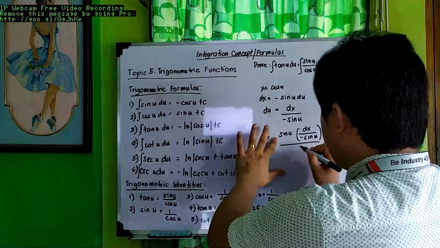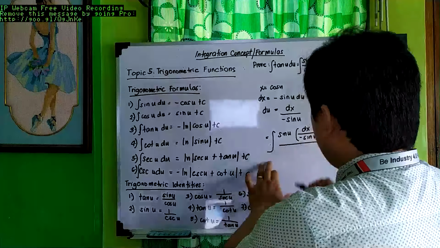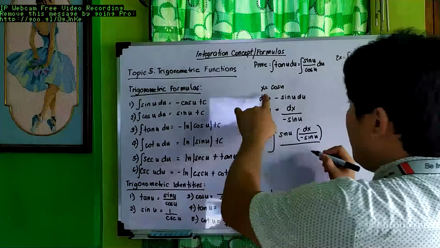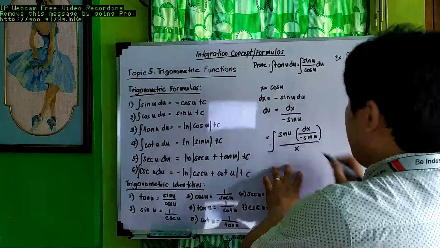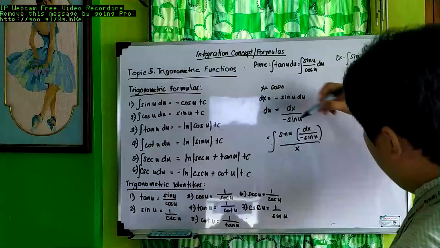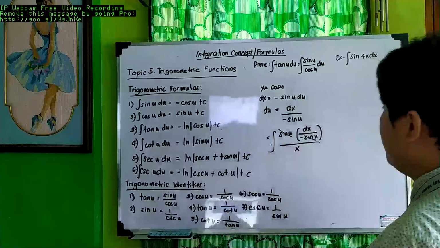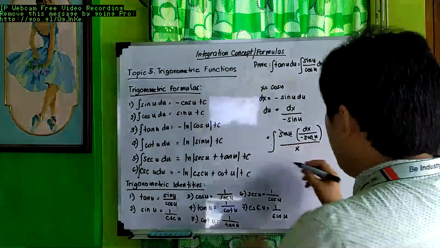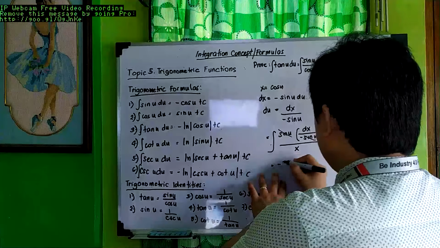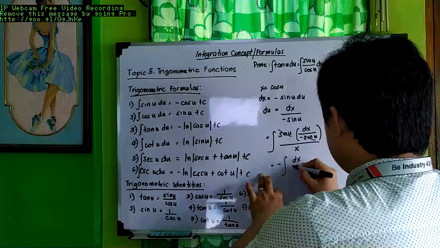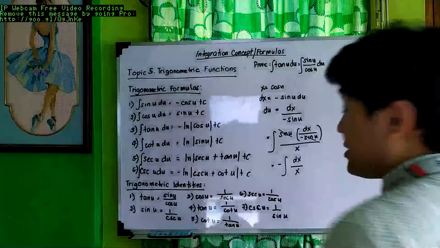So let me stretch your integral sign, and the denominator is cosine u, which is our x. Now, if you could see, we could cancel the sine here and this one, but the negative will be put outside, right? Negative. What remains will be dx over x.